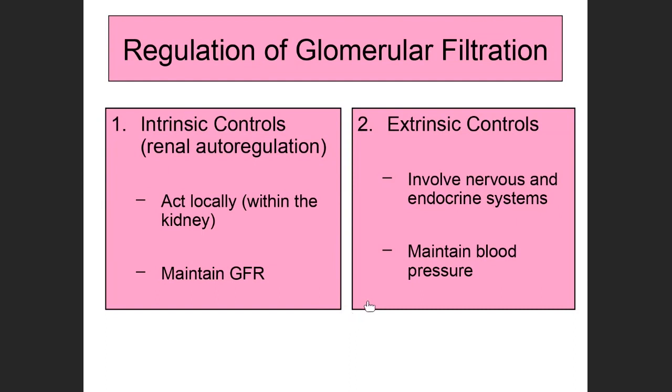Actually, what we see happening in situations where blood pressure becomes too high or too low is that the nervous system and the endocrine system get involved, and they either up the amount of filtrate that's being produced to help with blood pressure if it's too high, or they decrease the amount of filtrate that's being produced to help with blood pressure if it's too low. But these extrinsic controls are going to maintain blood pressure and not worry about keeping the filtration rate where it normally is if there's a blood pressure problem in the body.